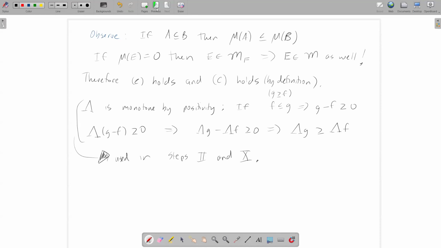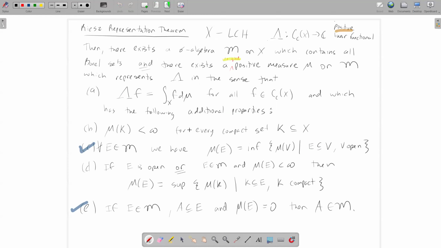So we have now constructed mu and M. We haven't proven that M is a sigma algebra. We haven't proven that mu is a positive measure. We haven't proven that it represents the functional lambda.